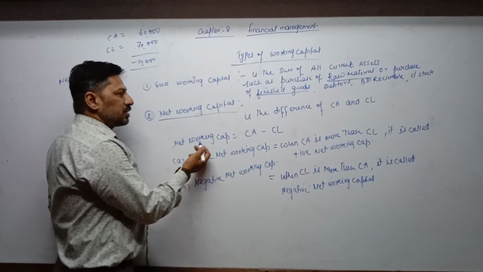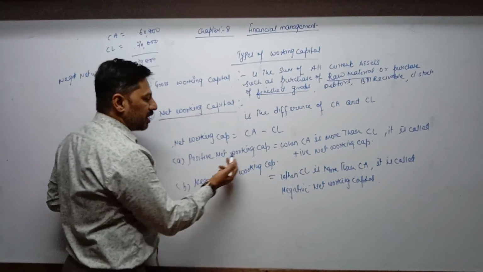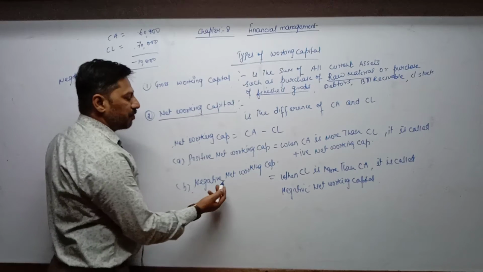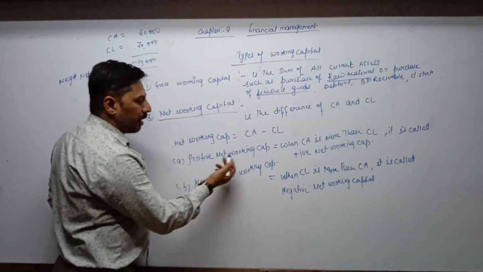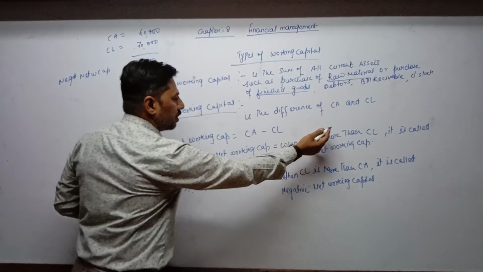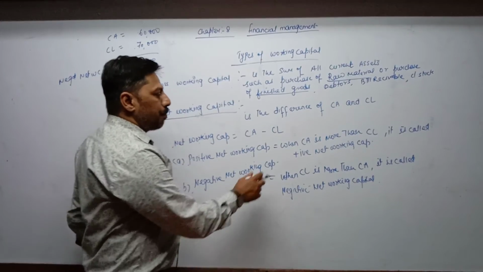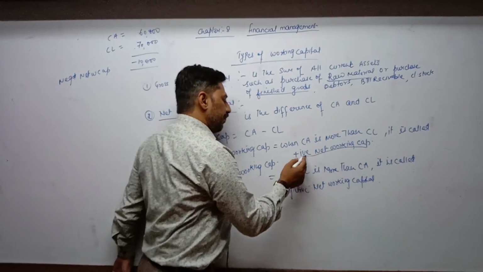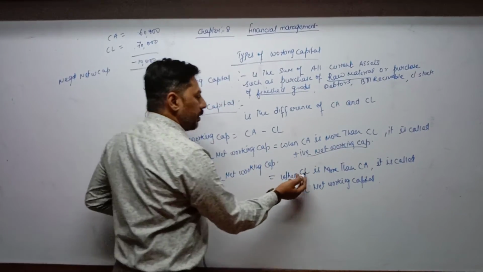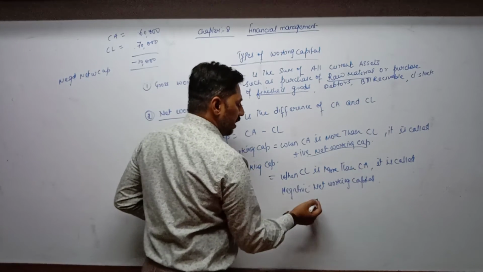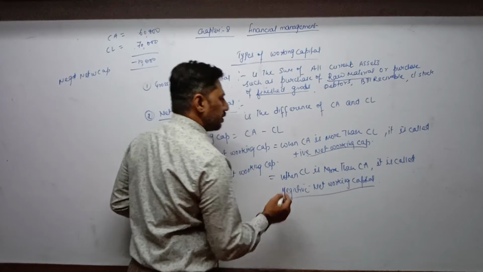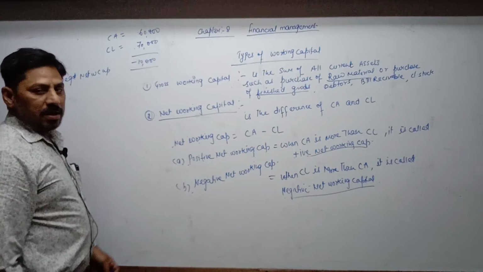Net working capital is of two types, positive net working capital and negative net working capital. Positive net working capital, when current asset is more than current liability, and if current liability is more than current asset, then it is called negative net working capital.